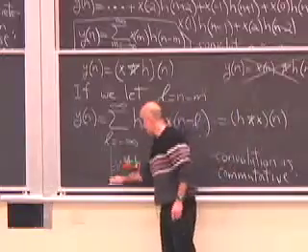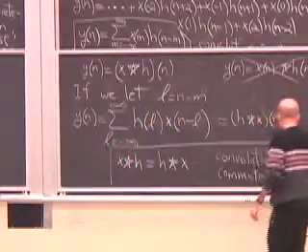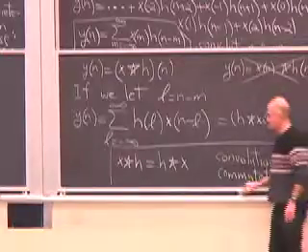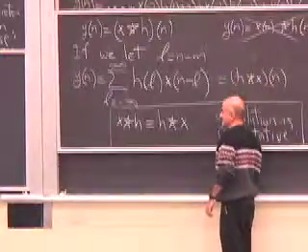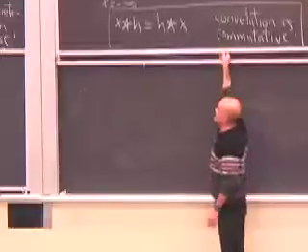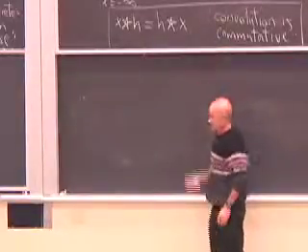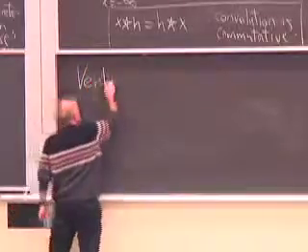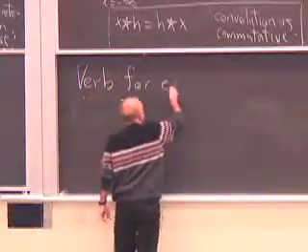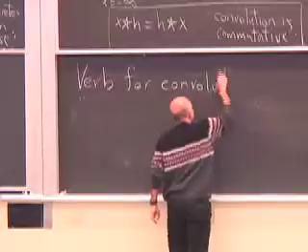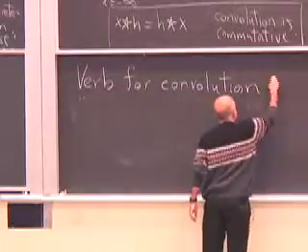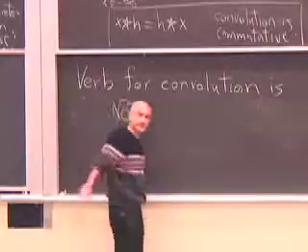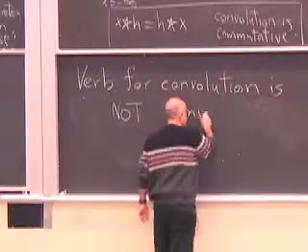Now, at this point, I've got to give you a little lesson in, far be it for an immigrant like me to give you a lesson in English. The verb for convolution is not convolute.